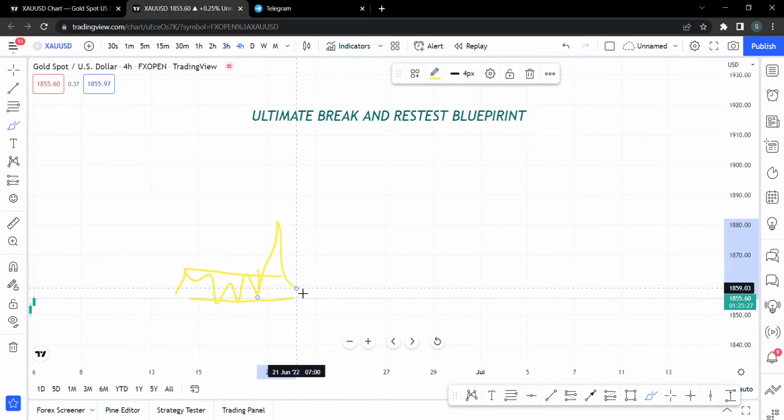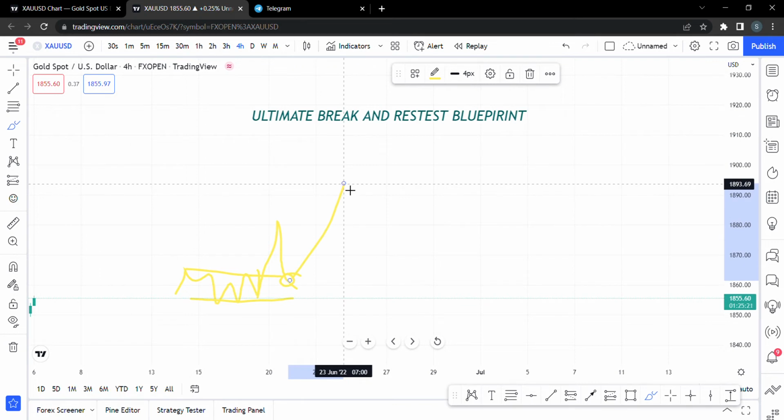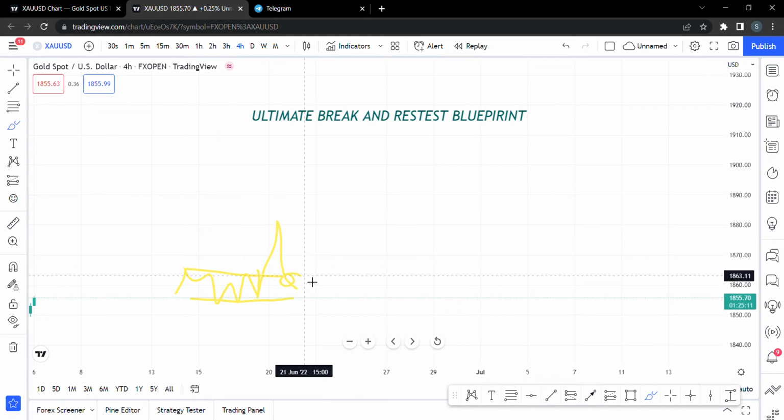Then it comes back to retest it, and at this area you have your push, a continuation in the direction of the break. That is basically the layman's explanation for break and retest.